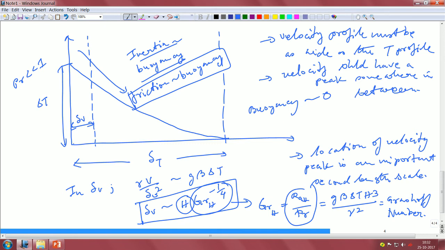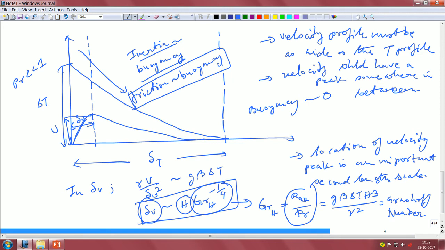So, naturally, before we end this lecture, the question is what the velocity profile will look like. It will peak somewhere there and then slowly decay like this. So this is your velocity scale, and the location of that delta V is given by the Grashof number.